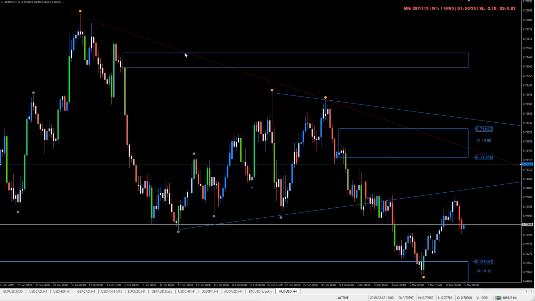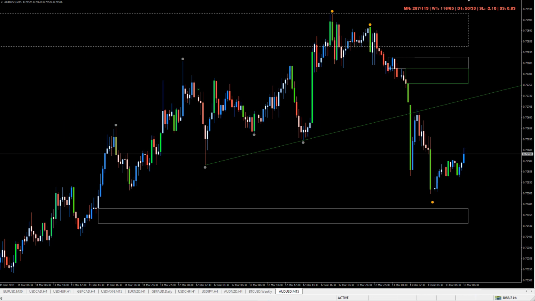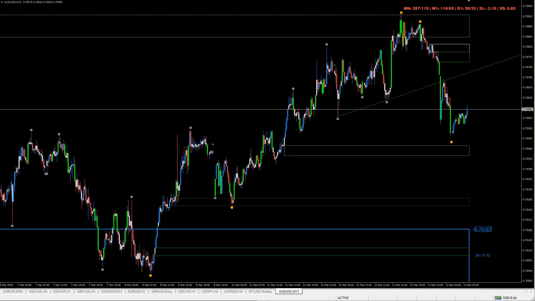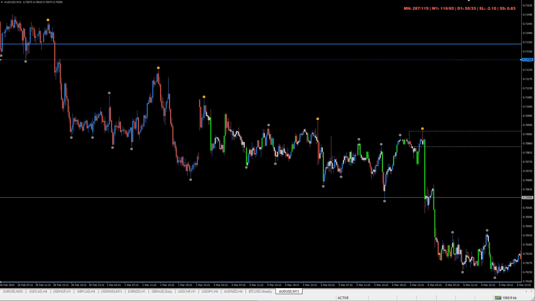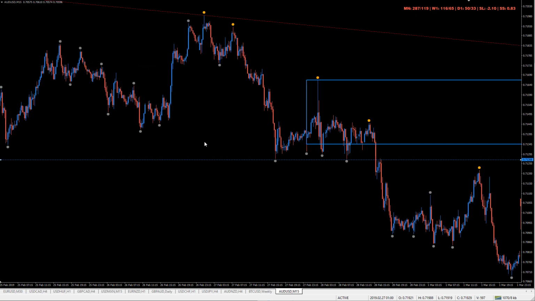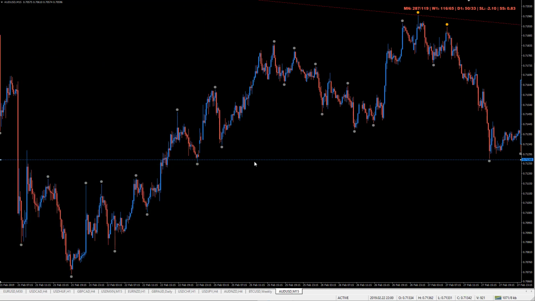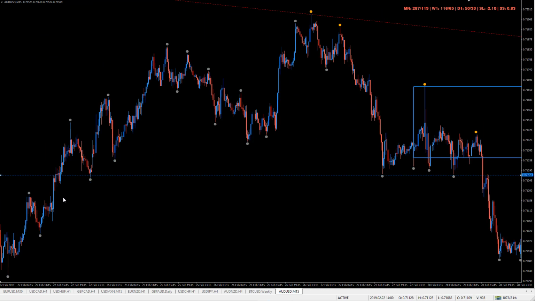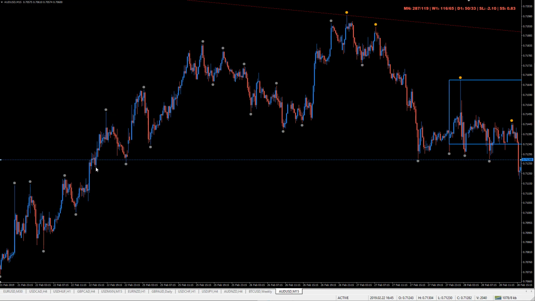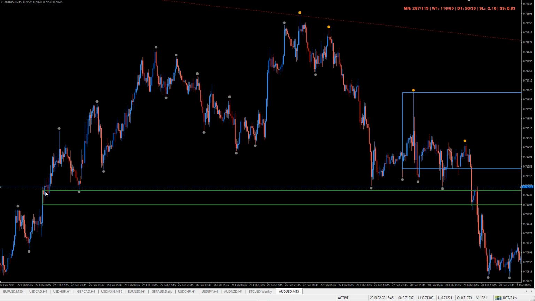But before we do anything, we want to go to the small time frames just to have a look and see what we can find. So if we zoom out and have a gander, we can see it looks like this. Price is kind of moving through the area, not really doing much about it here, and you can see that we had a parent there.